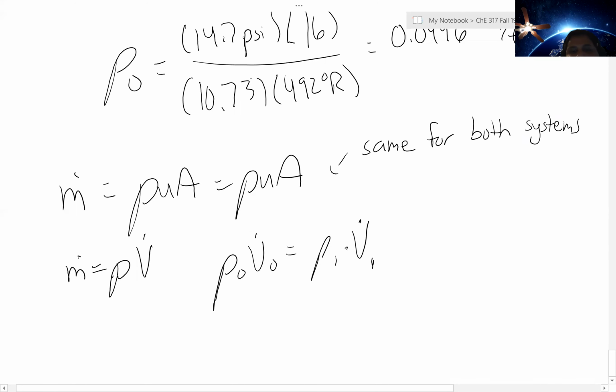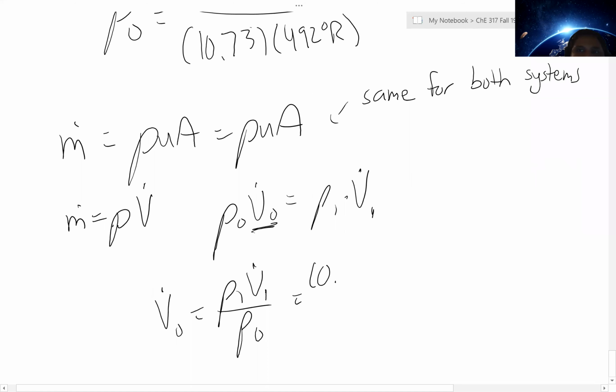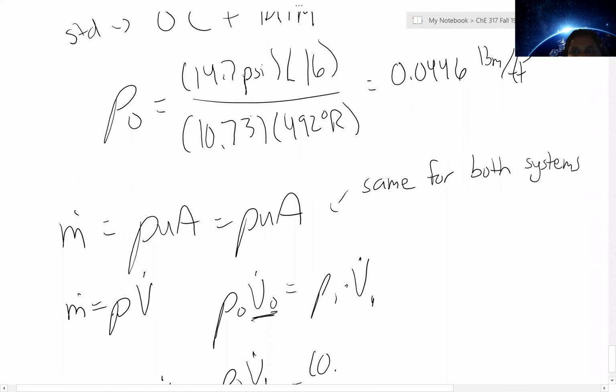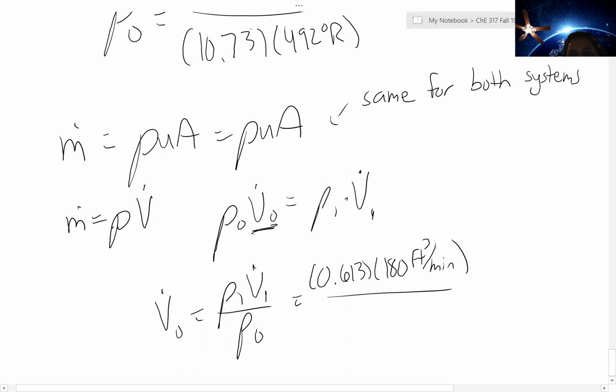So if I'm looking now for the standard volumetric flow rate, I would say V naught is equal to rho 1 V1 over rho naught. Or in this case, 0.613 times 180 cubic feet per minute divided by 0.0446.